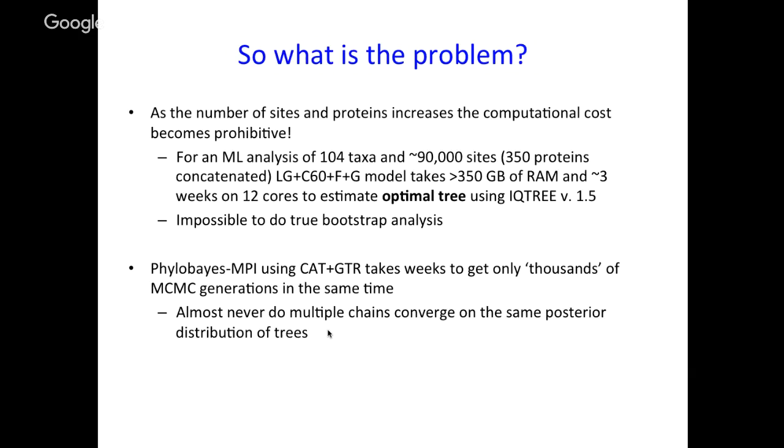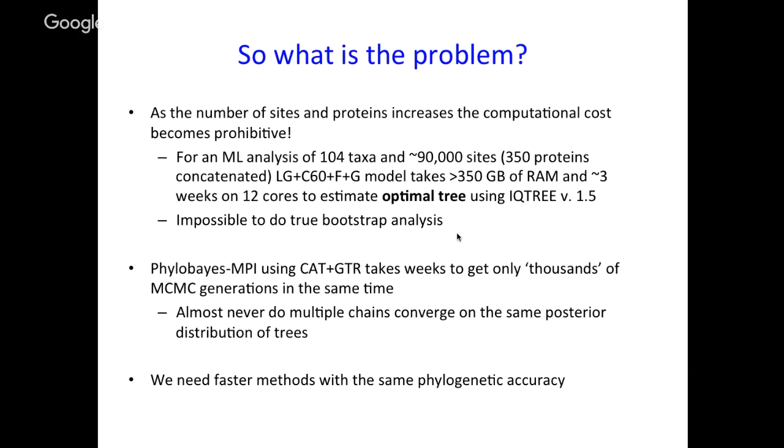So we're just running into a wall here, where convergence problems with PhyloBayes and computational complexity for maximum likelihood are making it impossible for us to do this. So we really need faster methods.